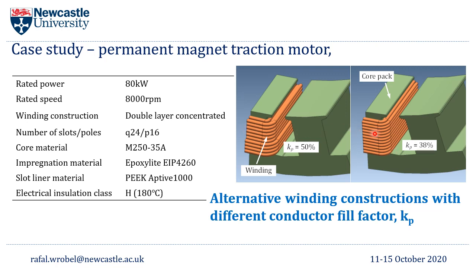Important to note here that both windings, or both coils, include the same number of turns per coil, and the change in the conductor fill factor has been achieved here by changing the outer diameter of the conductor.